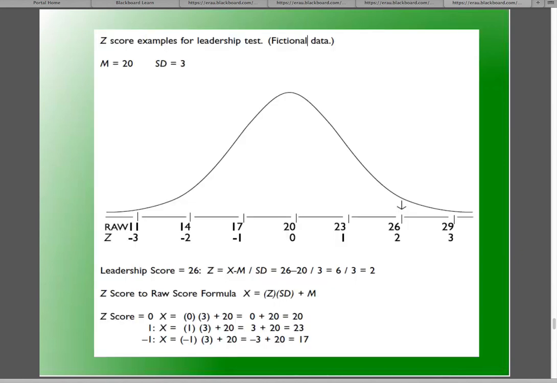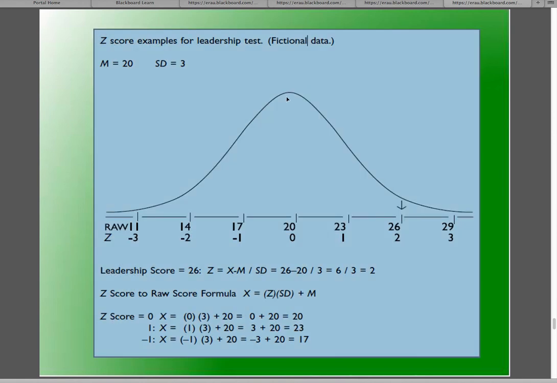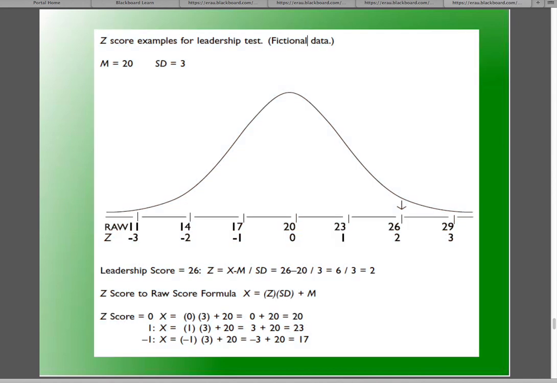I do want to point out this normal curve here, and I think sometimes it is helpful, especially in the problems that you're assigned this week, to use a pencil and paper and draw out the normal curve, and that will help you visualize the problem. In a normal distribution, the mean, the median, and the mode are in the same position.